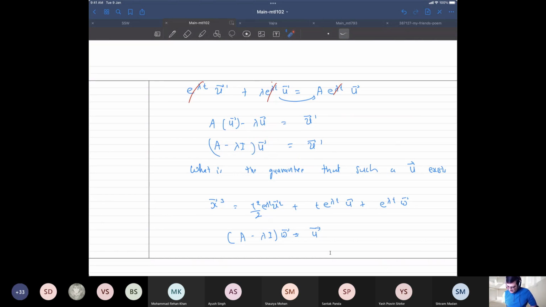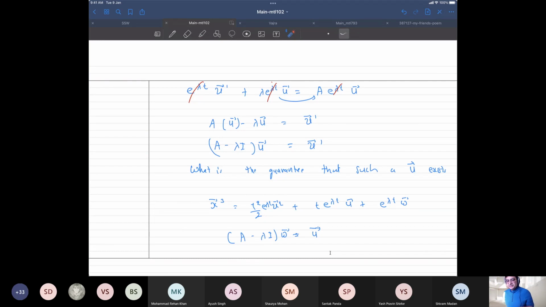Similarly here, you can see that W will be a generalized eigenvector with index 3. So these U and W that you found here were the generalized eigenvectors.